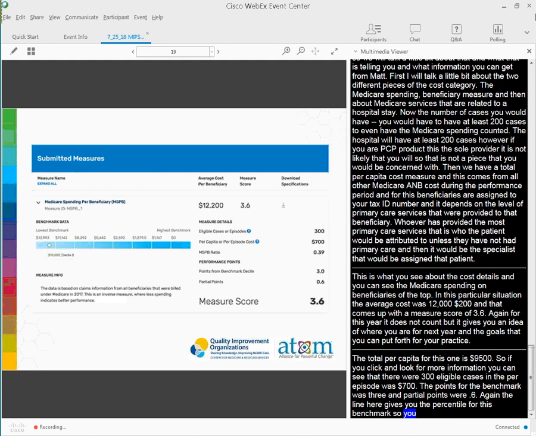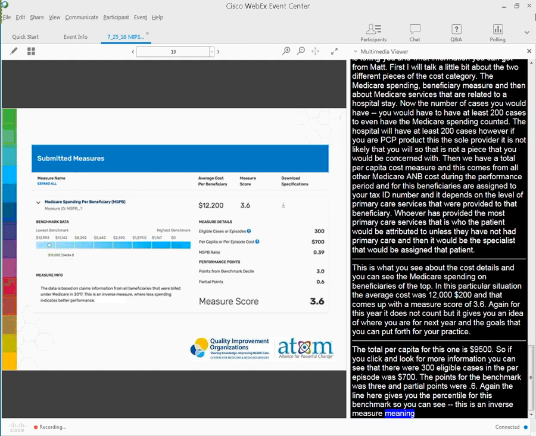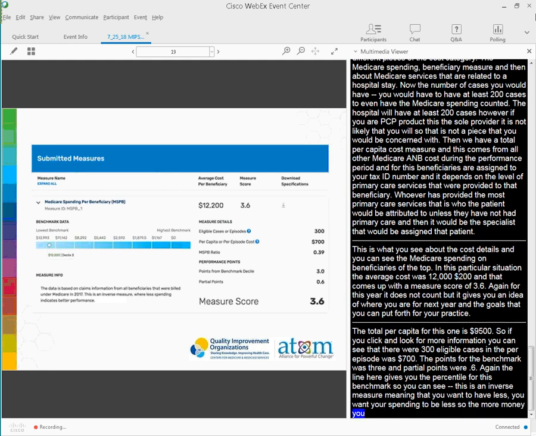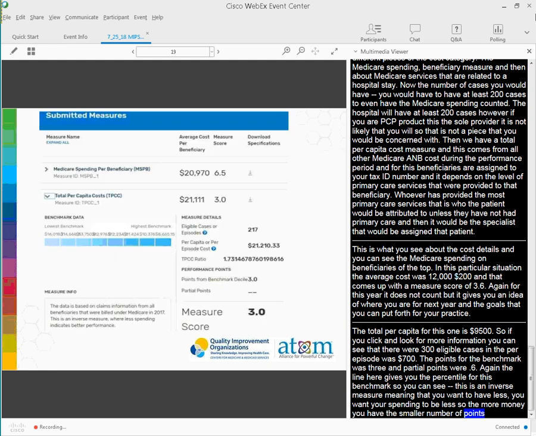And this is an inverse measure, meaning that you want to have less. You want your spending to be less. So the more money you have, the smaller number of points you have. So that's Medicare spending per beneficiary.